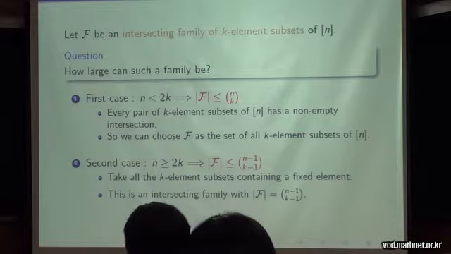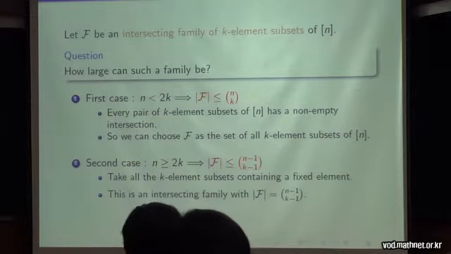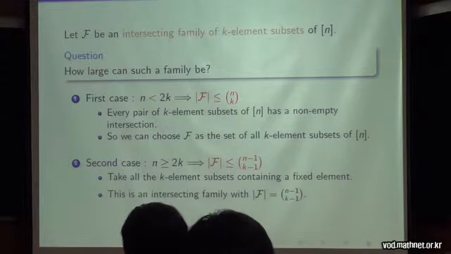So in this case, the maximum size of this subfamily is n choose k. How about the second case? If n is greater than or equal to 2k, we take all k-element subsets containing one fixed element.